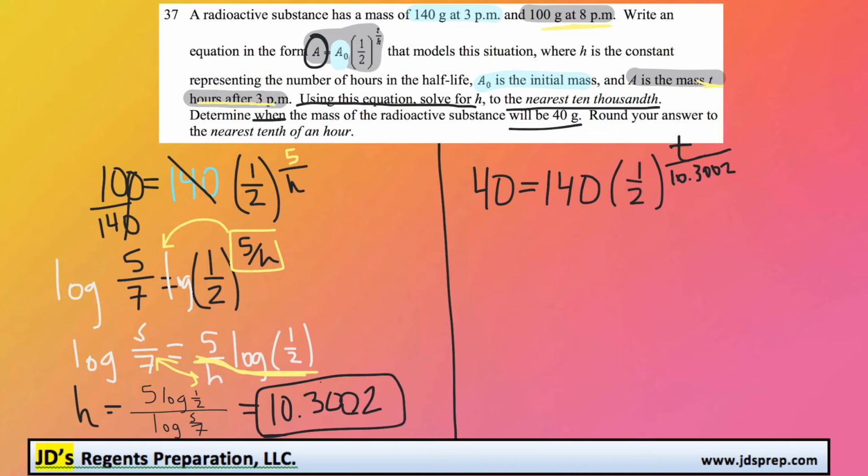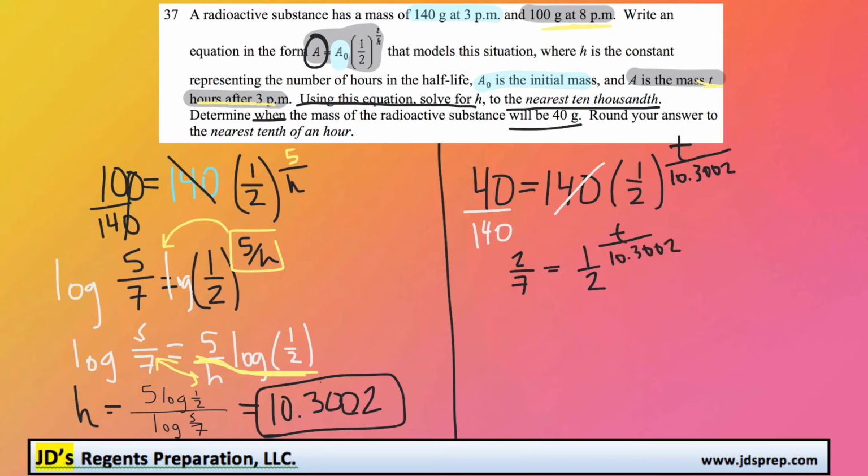So we're going to be using a pretty similar strategy as the last problem to solve for T. I'm going to start by dividing everything by 140. And that'll cause that to cancel out. And 40 over 140 simplifies to being 2/7. So we'll have 2/7 is equal to 1/2 to the power of T over 10.3002.